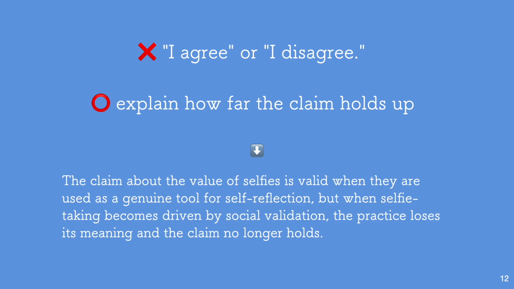But when selfie taking becomes driven by social validation, the practice loses its meaning and the claim no longer holds. See the structure? Valid when X, but not when Y. That's your extent to which thesis.